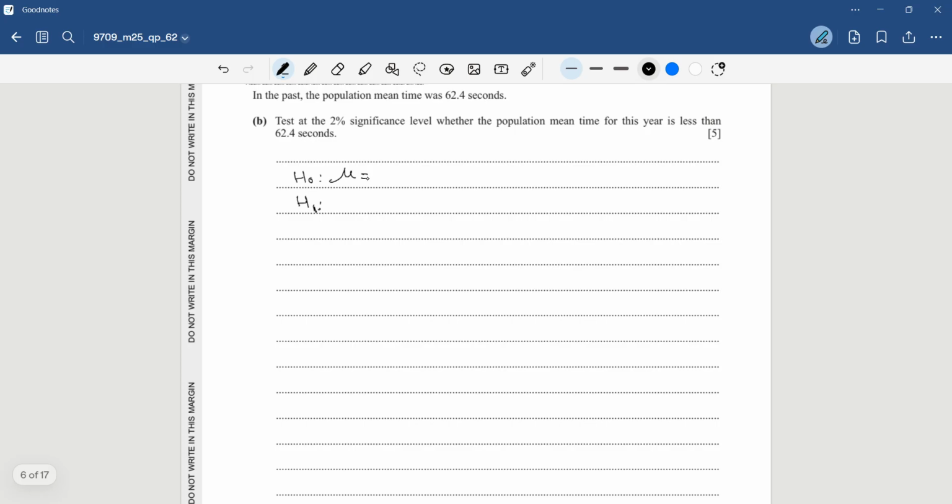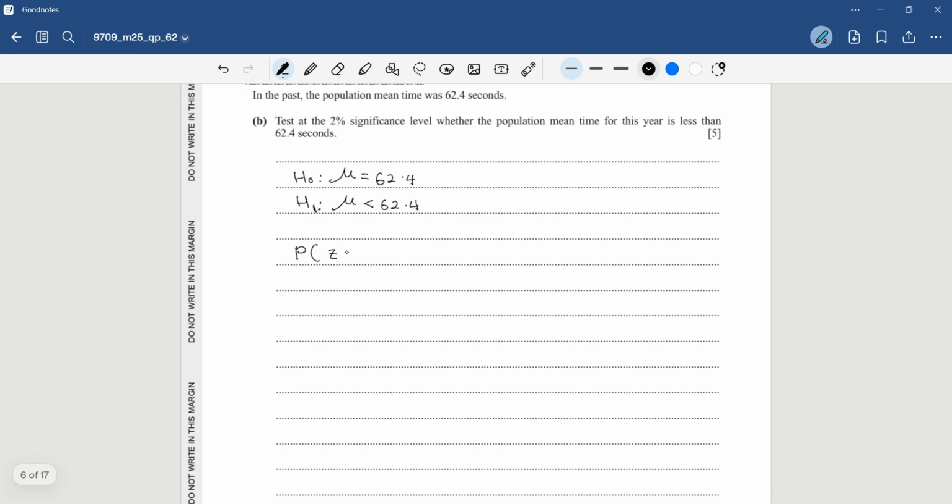So H null: mu equals 62.4, and H alternate: mu is less than 62.4. Or you can write population mean equal to 62.4 and population mean less than 62.4. It doesn't matter.